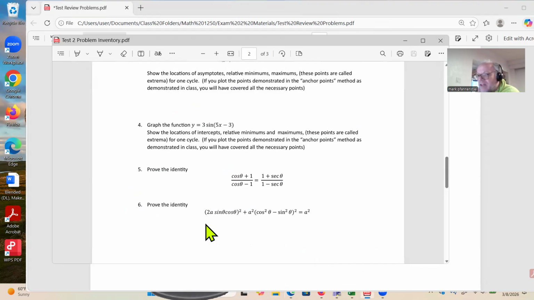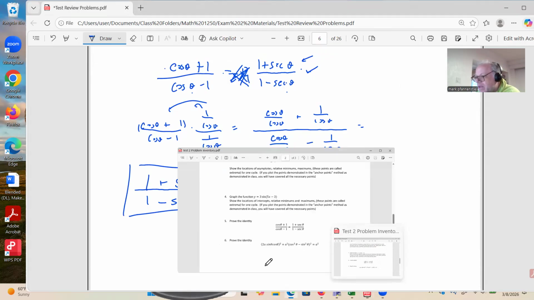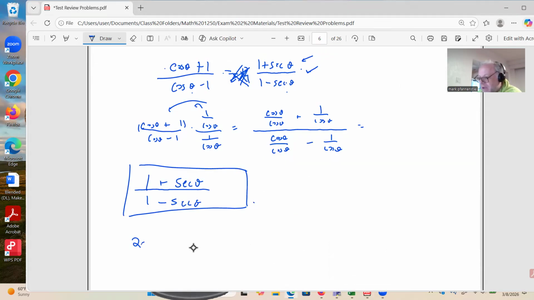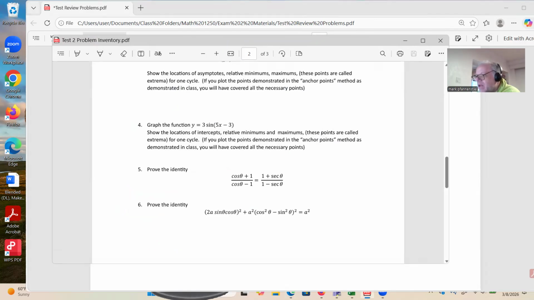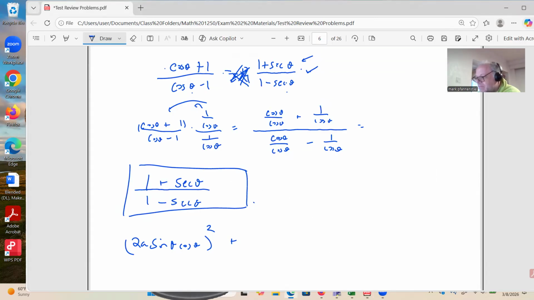So the next problem looks like we have a 2 sine theta cosine theta, squared, with an a, and then plus an a squared times cosine squared theta minus sine squared theta, squared.